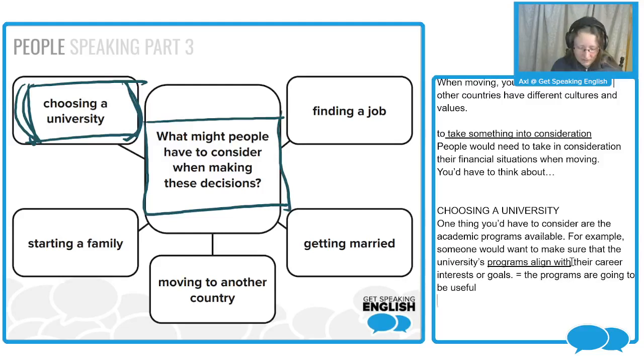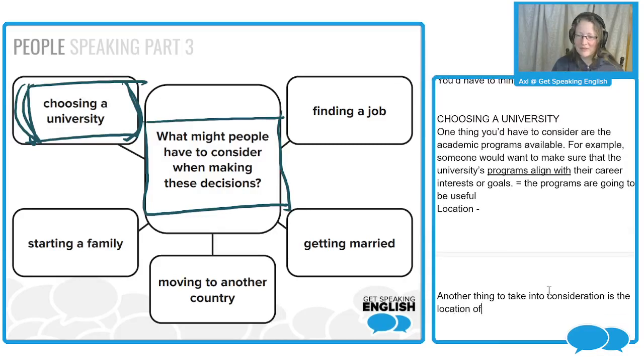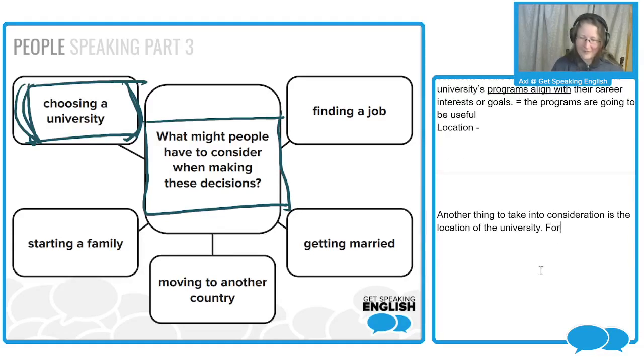Maybe also location, maybe. Another thing to take into consideration maybe is the location of the university. So for example, students may live in a rural area, but the university may be in a city.